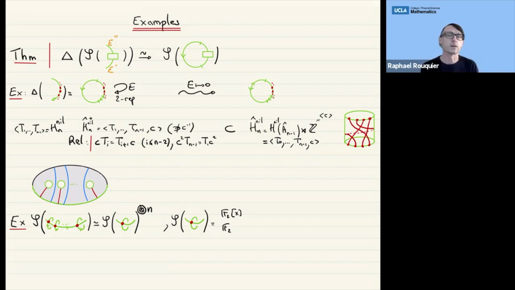There's something fairly mysterious here: you start with a finite Hecke algebra, and you perform this diagonal construction, and then you take some fixed points, and you get the affine Hecke algebra.